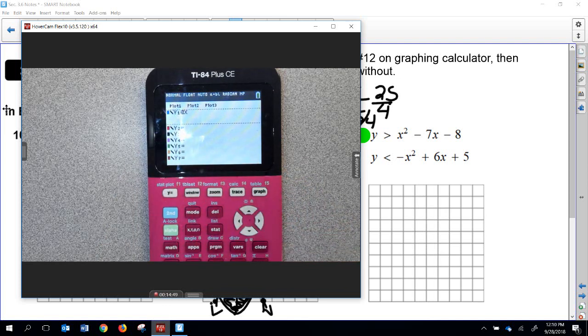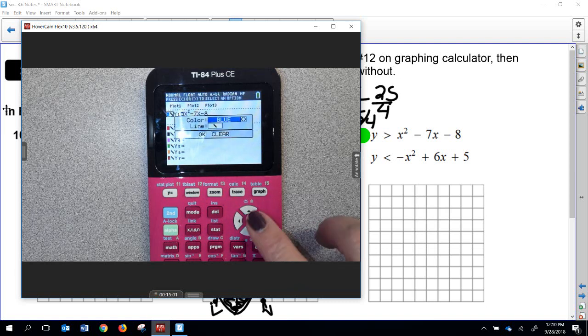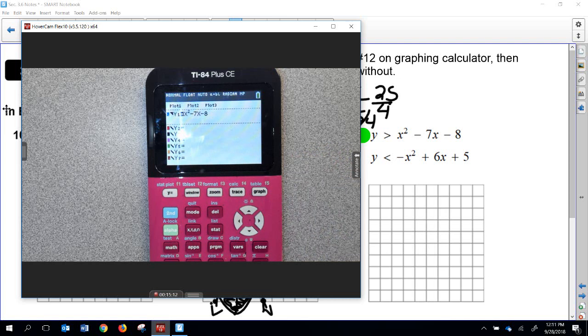I'm going to do x squared minus 7x minus 8. I go over to the far left, and I want to be shading above it, so I'm going to push enter. Go down here, I'm going to arrow over, that's above it, that's greater than. So I'm going to push enter, enter. That's going to shade above that one.